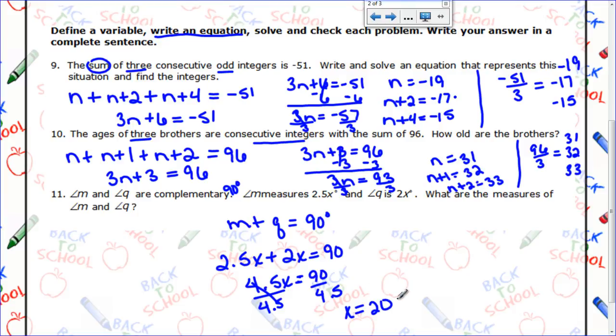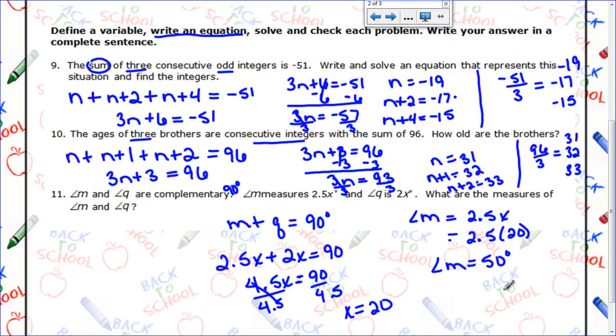If you look up here, it asks for the measures of M and Q. Well, the measure of angle M is 2.5 times x. So I've got to take what I know about x and plug it in. So I have to do 2.5 times 20, which gives me 50. And so angle M is 50 degrees.